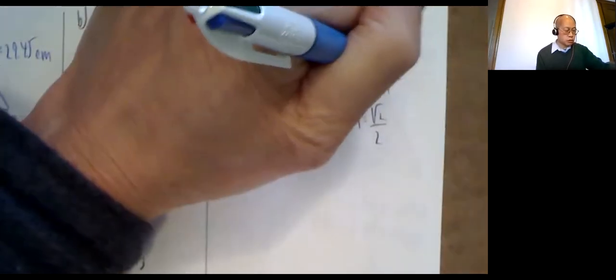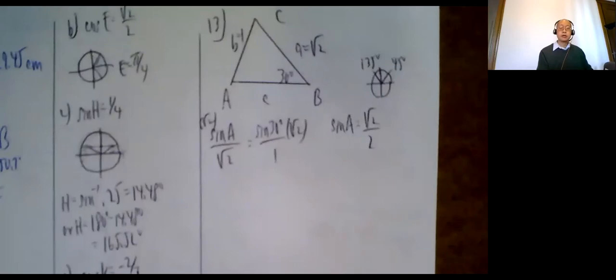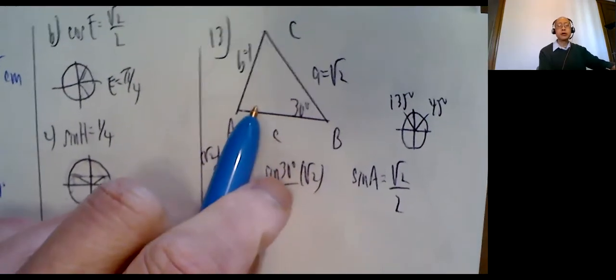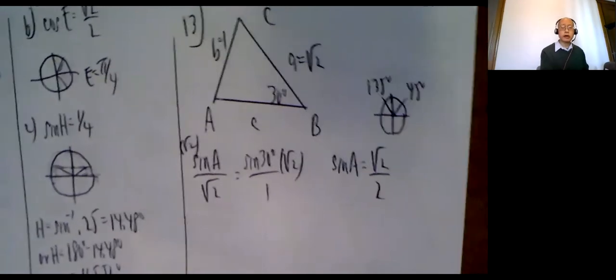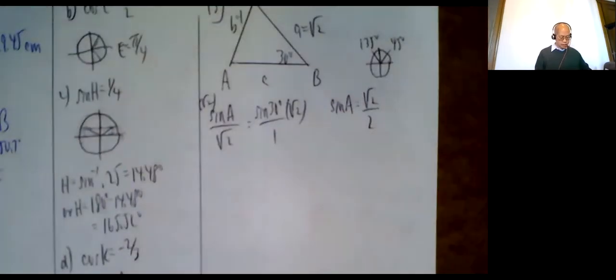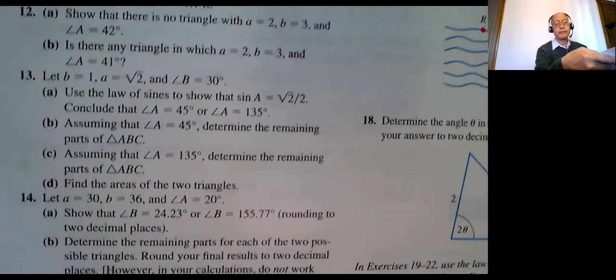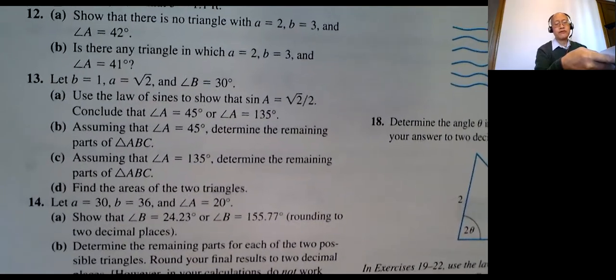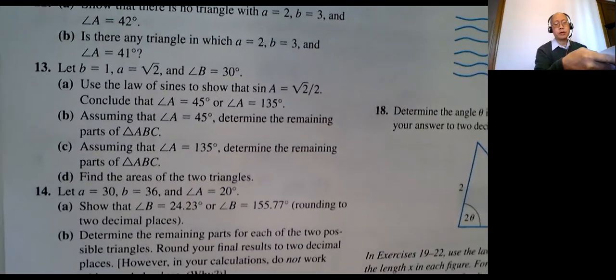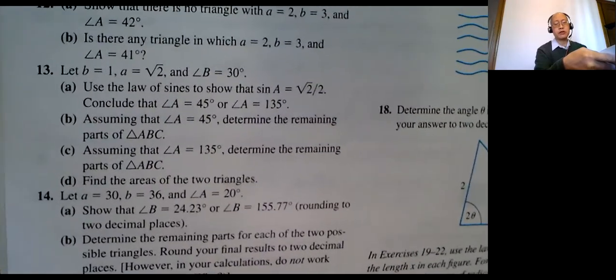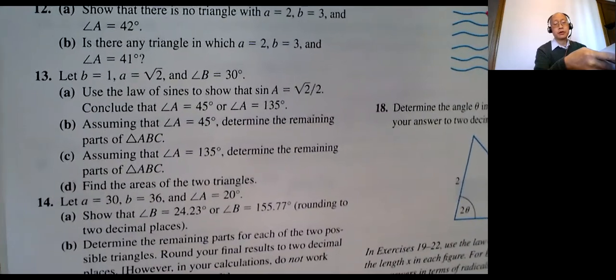Well, on my unit circle, what angles are those? That's 45 degrees and 135 degrees. Is 135 too big? No. So in this case, there are actually two triangles that work. So that's what they're trying to say. So part A, angle A is either 45 or 135. Part B, assume that angle A is 45, determine the rest of triangle ABC. Part C, assuming the angle A is 135, determine the rest of the parts of triangle ABC, and then find the areas of the two triangles.